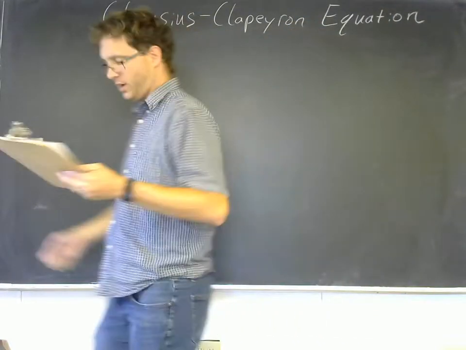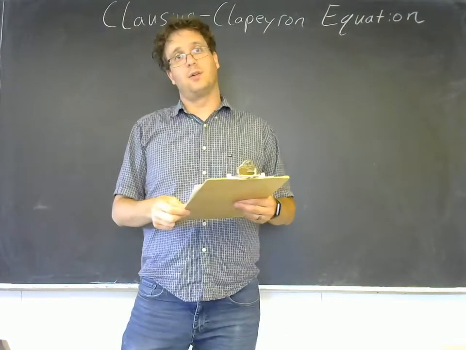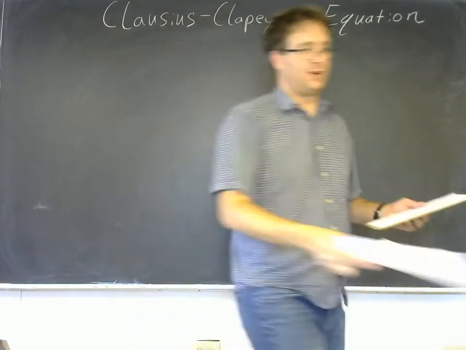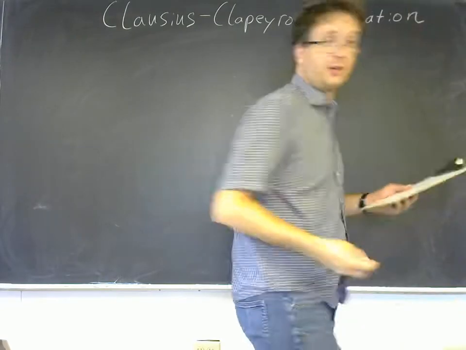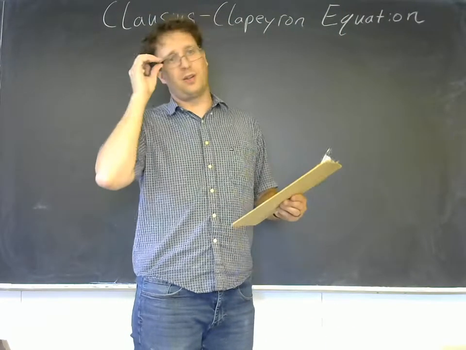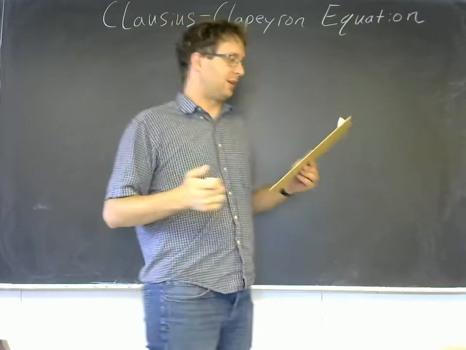Okay, so the Clausius-Clapeyron equation relates the enthalpy of vaporization to the vapor pressure at two different temperatures. And there are two different forms of it. They're consistent with each other, but they're useful each at different times.